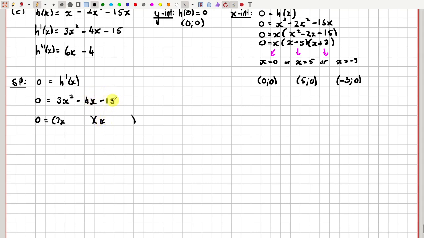We're using factors of 5, 15 and 3. That will give us 4 if we subtract them. If you look at that combination, we're going to be using 3 and 5. And then we want to get a negative, so that would be the case there. So we get 3x squared minus 9x plus 5x minus 15, and all of that works. So then again, our x value here will be negative 5 over 3, or our x value over here will be equal to 3.